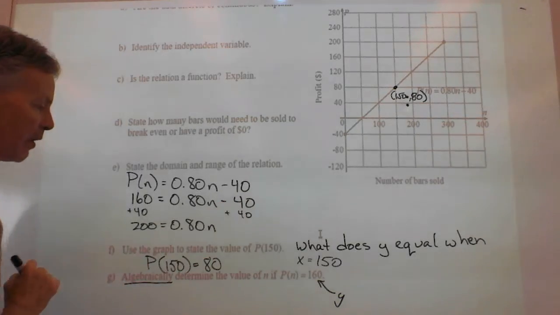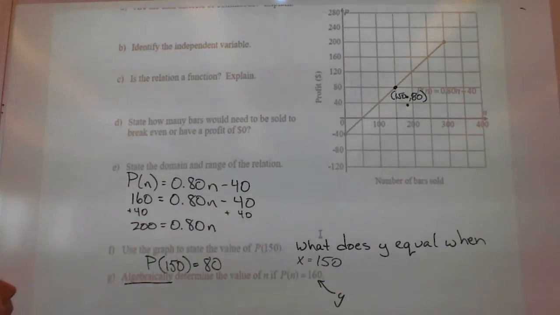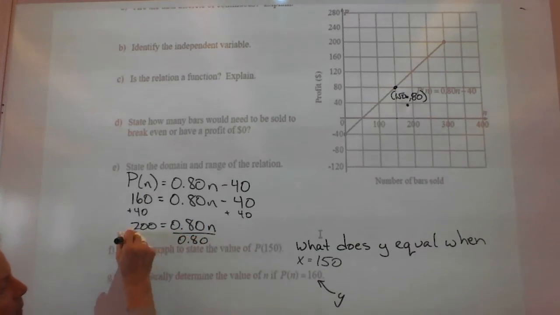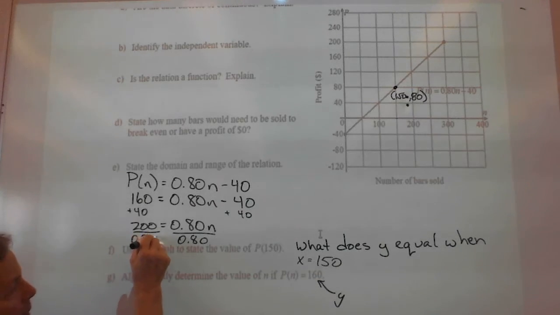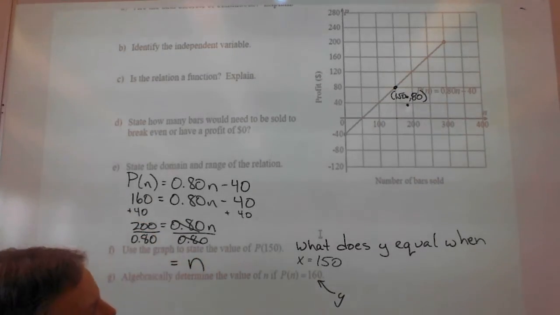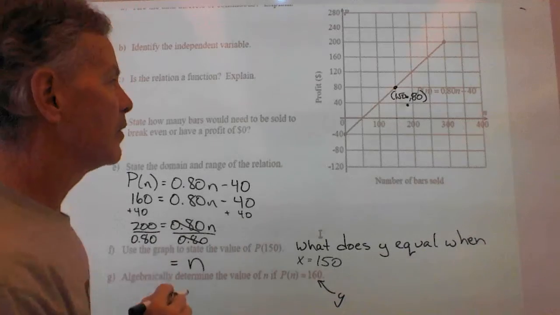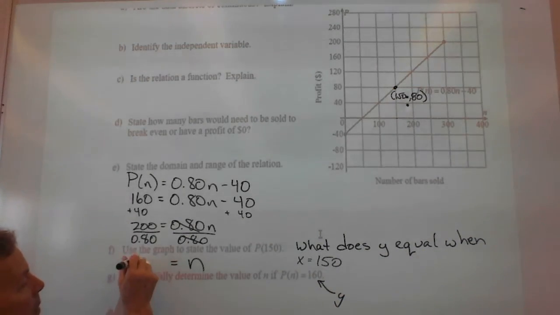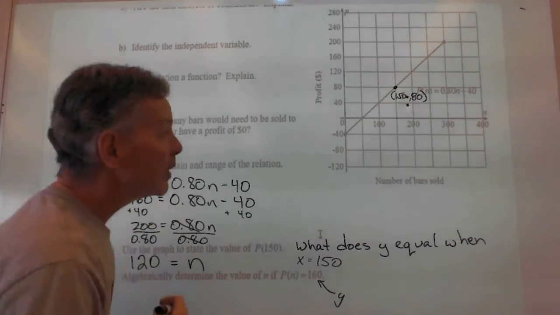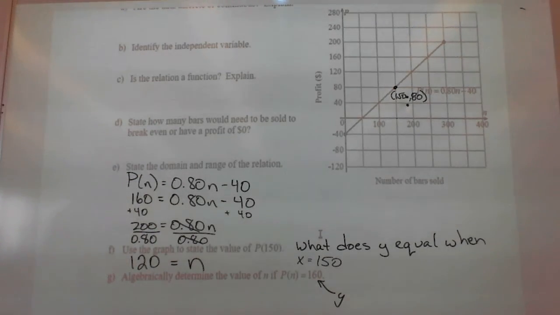Remember, this becomes 0. And then, as a last step, we have to get n all alone by dividing both sides by 0.80. Okay? 0.80 divided by 0.80 is 1. 200 divided by 0.80 is 120. Okay? And you can check to make sure you did it right.